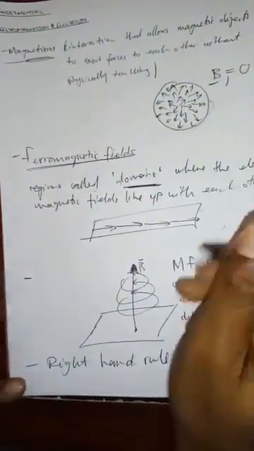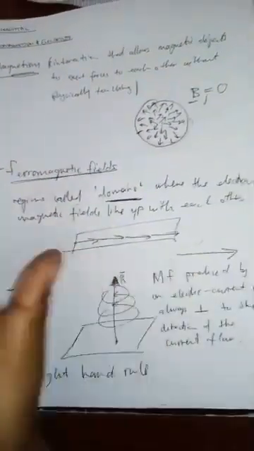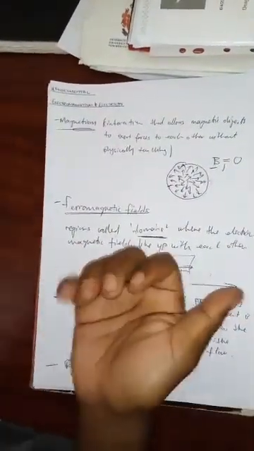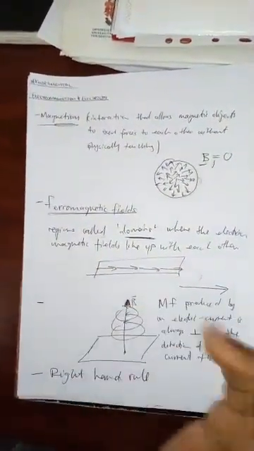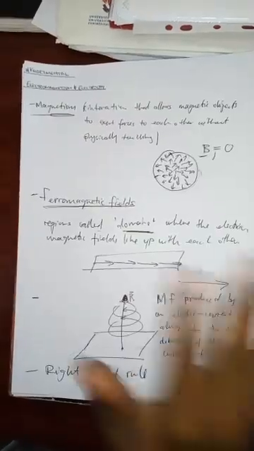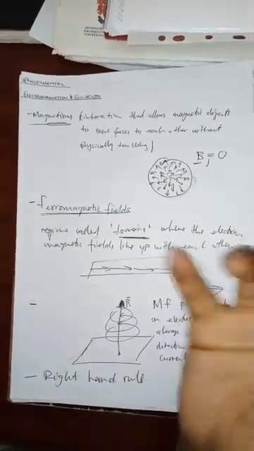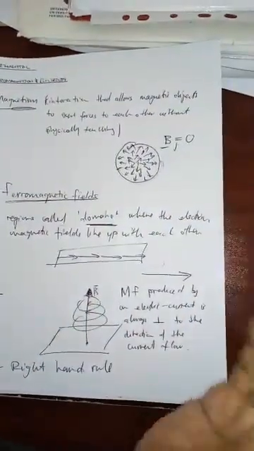And so if current is flowing in this direction, the thumb will be right. You always use your right hand. You can't use your left. It won't work. That is because of an underlying physics concept called helicity, but you won't need to worry about that now.